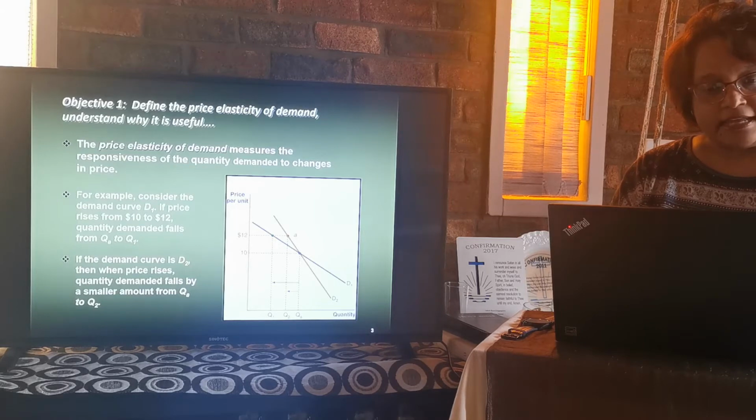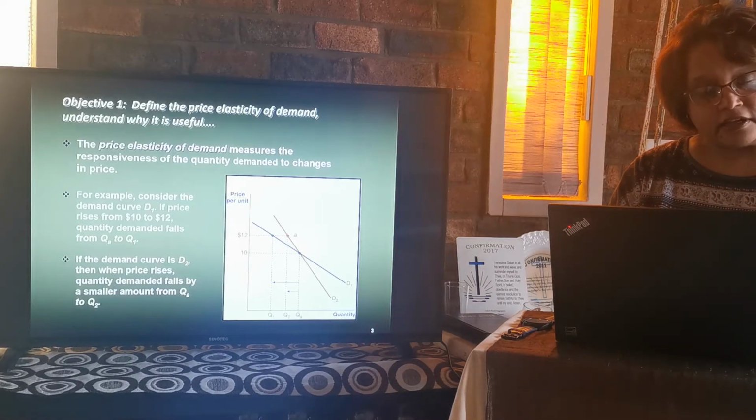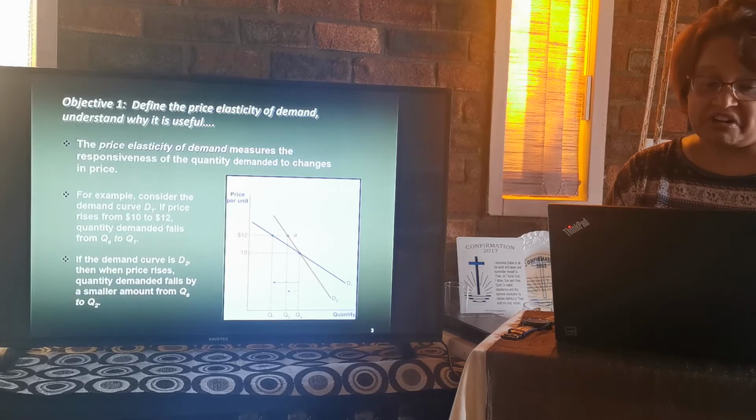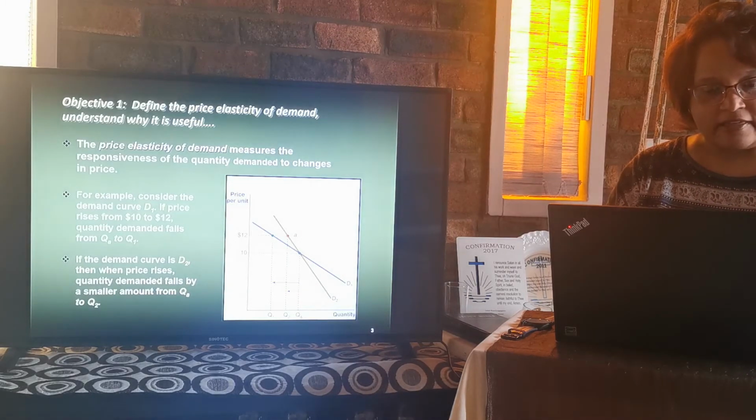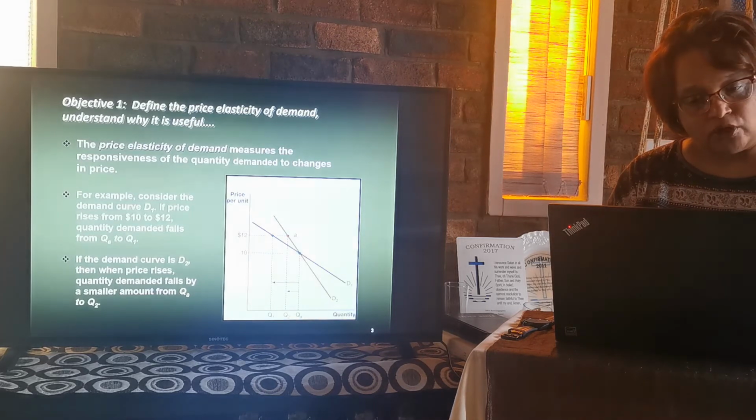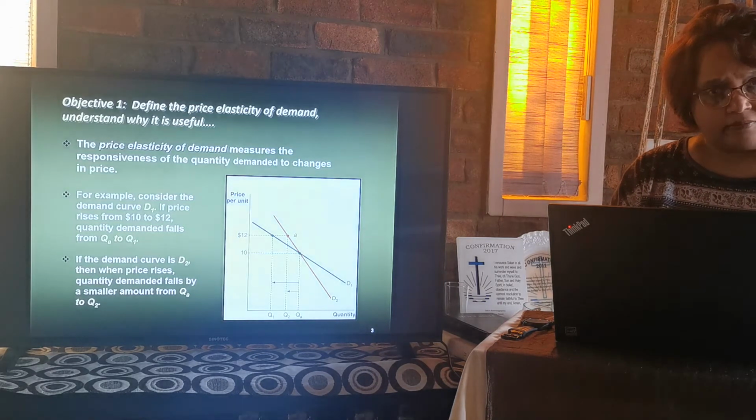If the price increases to 12 rands, still looking at the D1 demand curve, you'll find that the demand has decreased from QA to Q1.